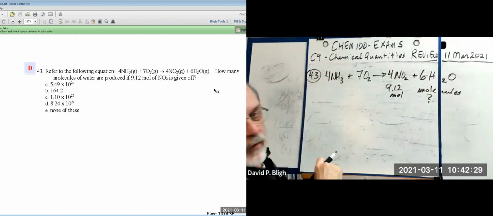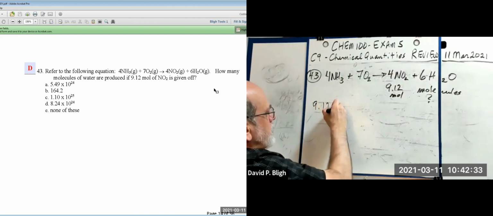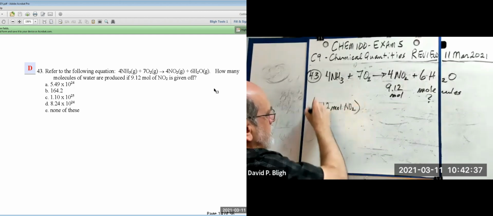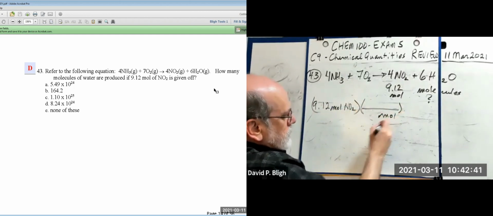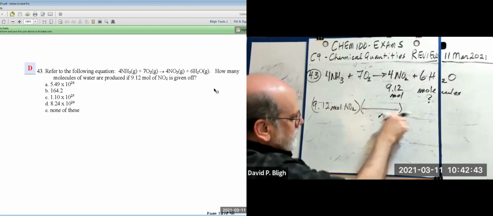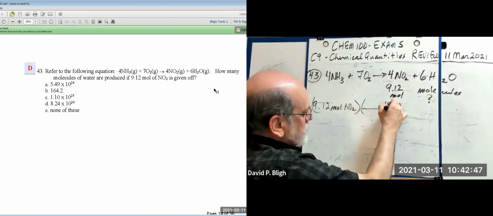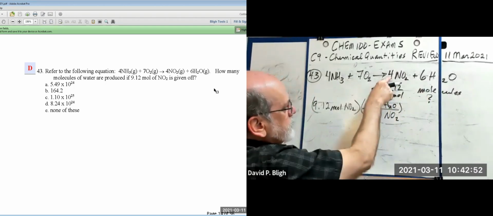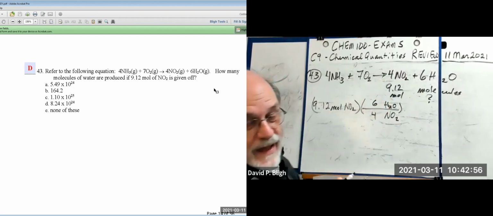So how many moles of water are there? 9.12 moles of NO2, right? Moles, we'll just say NO2 and H2O. So there's 6 here and 4 there. So that's moles of water now.